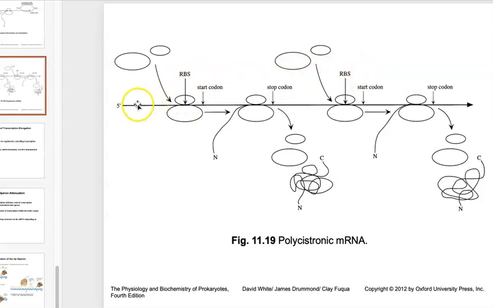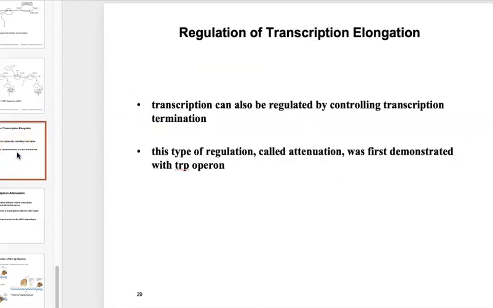There's a ribosome binding site, a start codon, and a stop codon. So here's an open reading frame that would encode one protein. And then another ribosome binding site, another start, and another stop. Here's a second protein. So this polycistronic mRNA encodes two separate proteins. Again, having coupled transcription and translation and having polycistronic mRNA allows microbes to be fast.